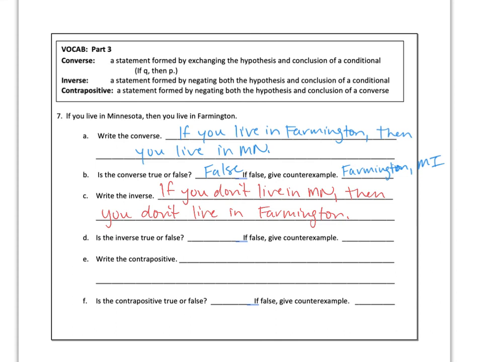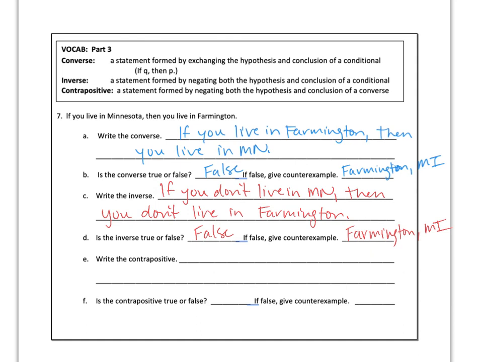Let's think about, is this inverse true or false? Can you think of someone who does not live in Minnesota, or can you think of a place that's not in Minnesota but is in Farmington? Yes, I can. So I'm going to say false. And again, I can use Farmington, Michigan. Or maybe, I think there's a Connecticut. There's other states that have Farmingtons.